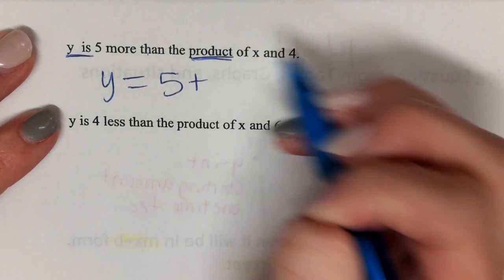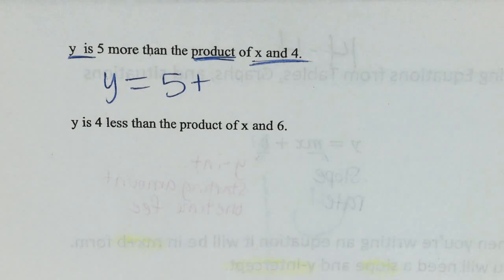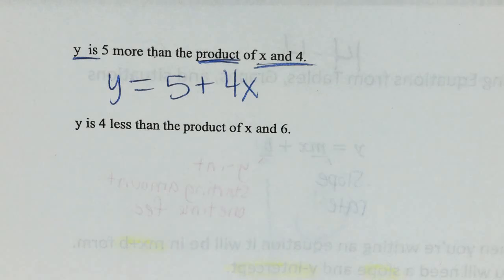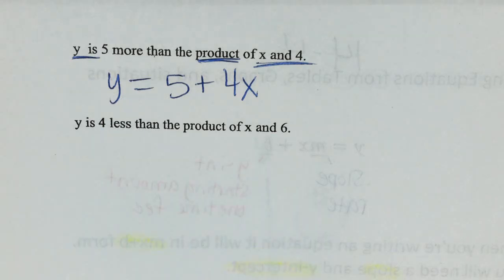The product of, what does product mean? Multiply. So I multiply x and 4. What's the proper way to write that? X times 4 or 4x? 4x. Isn't that just a y equals mx plus b written backwards? Could I now put this in my y equals button if I had to match it to tables or graphs? Yes or no? Are y'all with me?